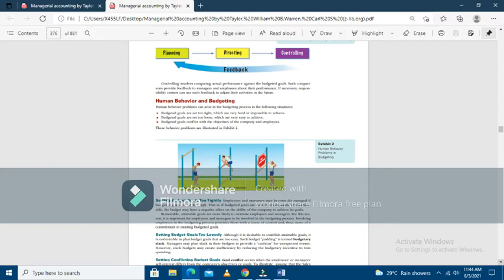While when we say the budgeted goals are set too loose, masyadong mababa yung budgeted goals, and it is very easy to achieve, ang tendency dyan ay wala na ring effort masyado. Kasi kahit galingan or kahit hindi masyadong galingan ng employees, they will just achieve or makaka-perform pa rin sila.